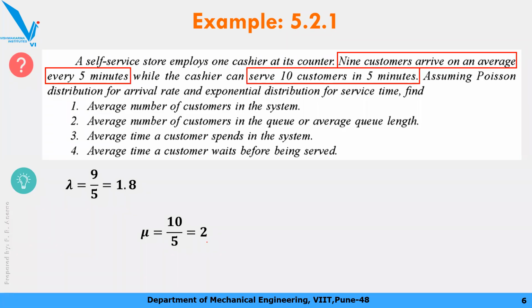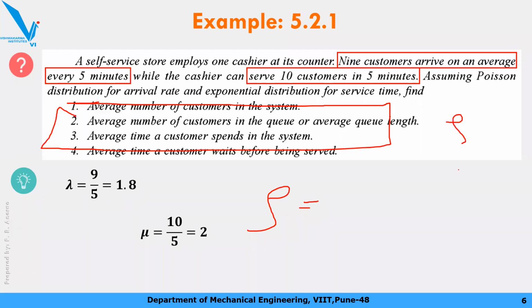As soon as you get the values of lambda and mu, go ahead and calculate rho, the utilization factor, because whatever they have asked you to calculate, all depends on the value of rho. If you look at the formulas, you will find each formula has some form of rho used in it.